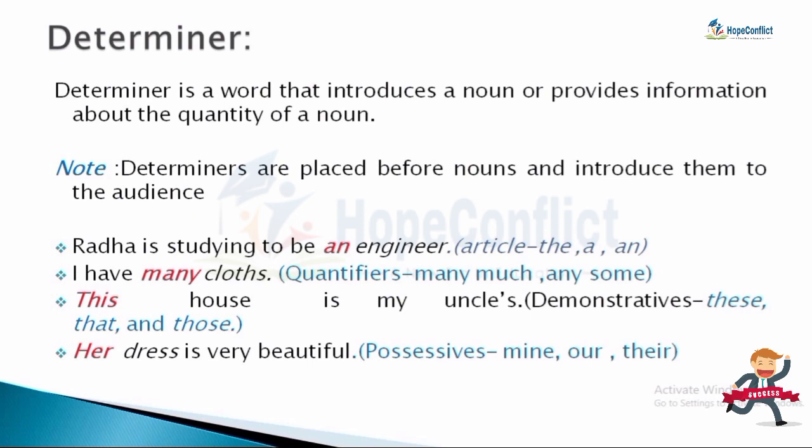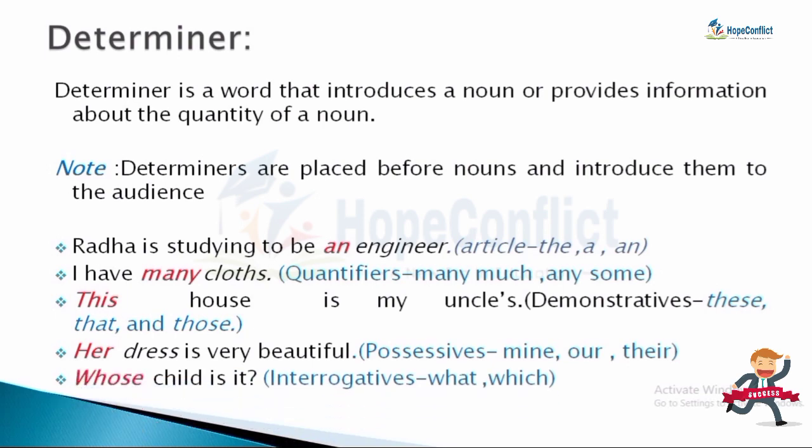So in this example, her is your determiner. Another example, whose child is this? ये किसका बच्चा है? So whose child is this? In this example, whose is your determiner. So what, which, mine, there, these, many, much, these are all your determiners. And I think now you are more clear about the determiners by the examples.